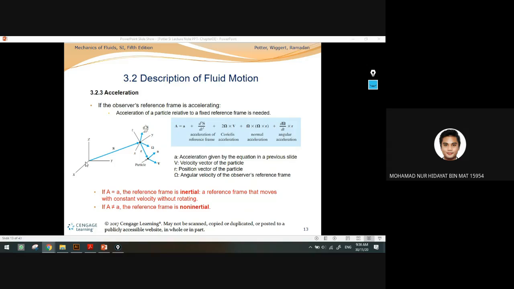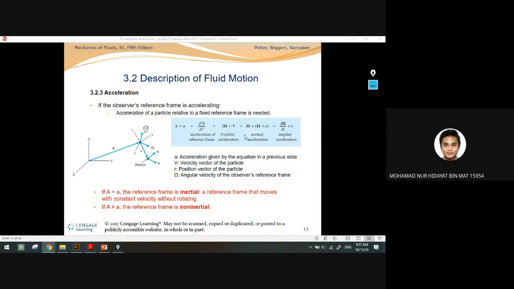This is our reference frame. We do the second derivative of length. We get the acceleration of the reference frame plus the Coriolis acceleration. This is acceleration due to the Earth's motion. For example, the Earth is rotating, so we have to consider the motion of the Earth. This is the normal acceleration.